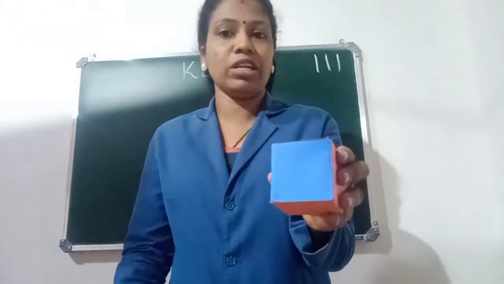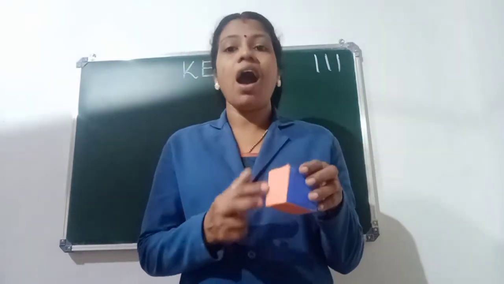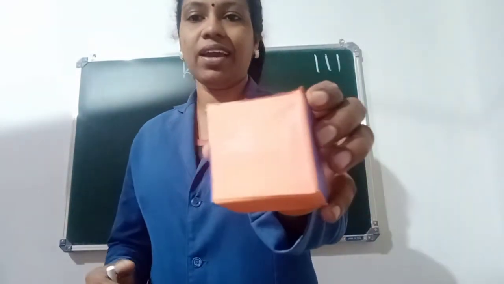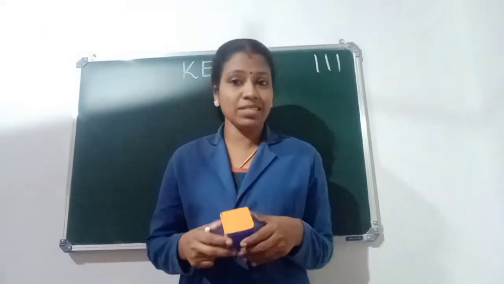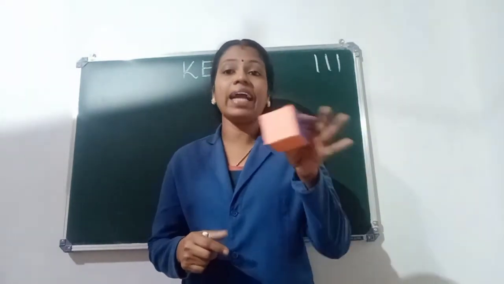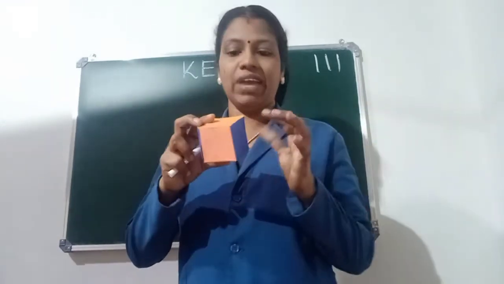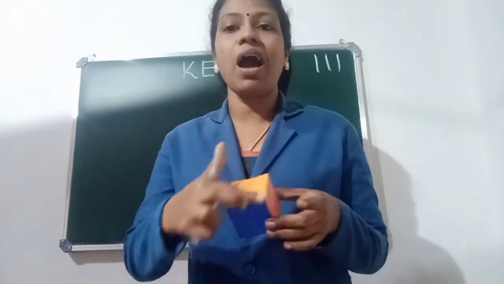That is the important property of a cube. Each face of a cube is in the shape of a square. That means all faces of a cube are identical. Identical means same.